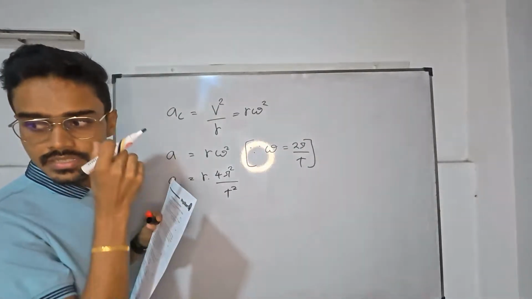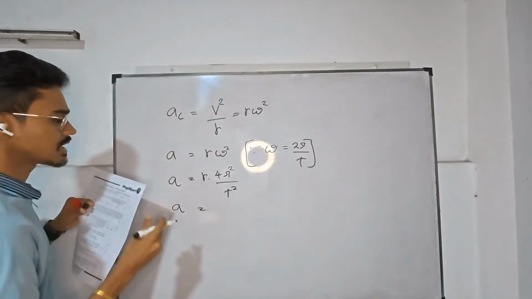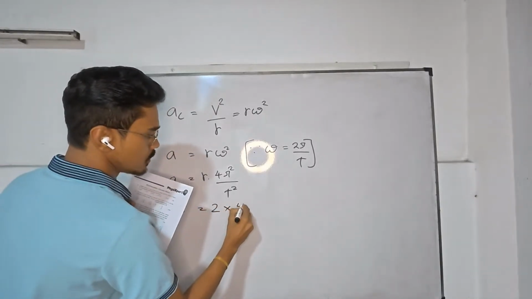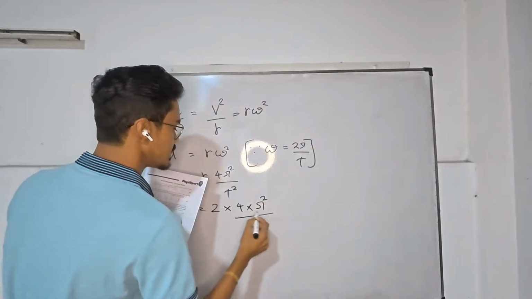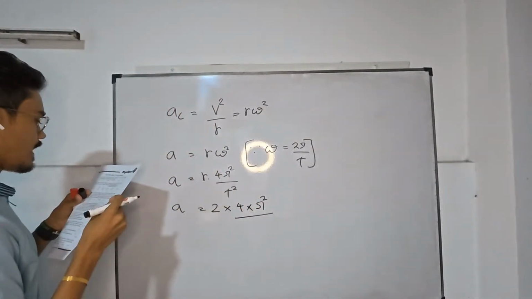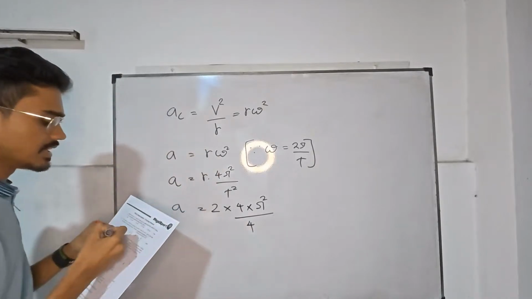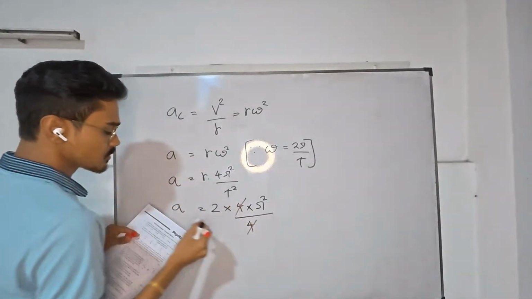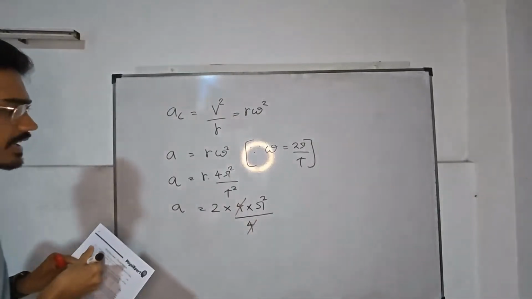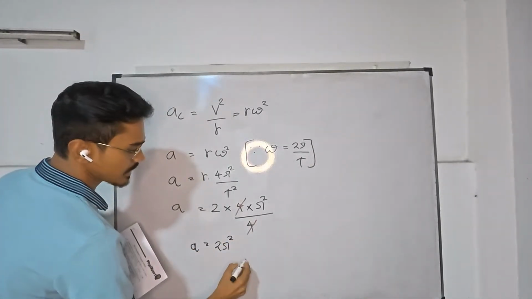Now hereafter, this is just a matter of substituting. R is given as 2 meters, 4 pi squared we keep like that, and T is 2 seconds, which means T squared is 4. Now these two cancel. Now you can see a is 2 pi squared.